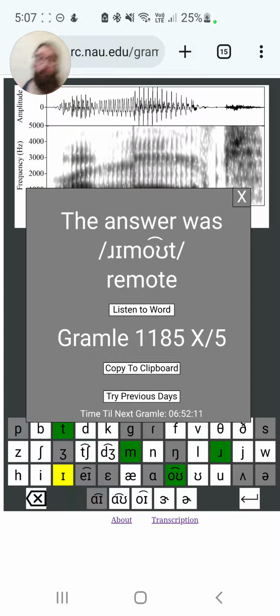I was warned when I looked at the about and the rules for this game that sometimes the transcription is not what you would expect, just based on the sounds that you hear or see on the spectrograph, because it is taken from a dictionary transcription that was then converted to IPA. So this could just be one of those cases, and I'm not mad about it. And you know what?